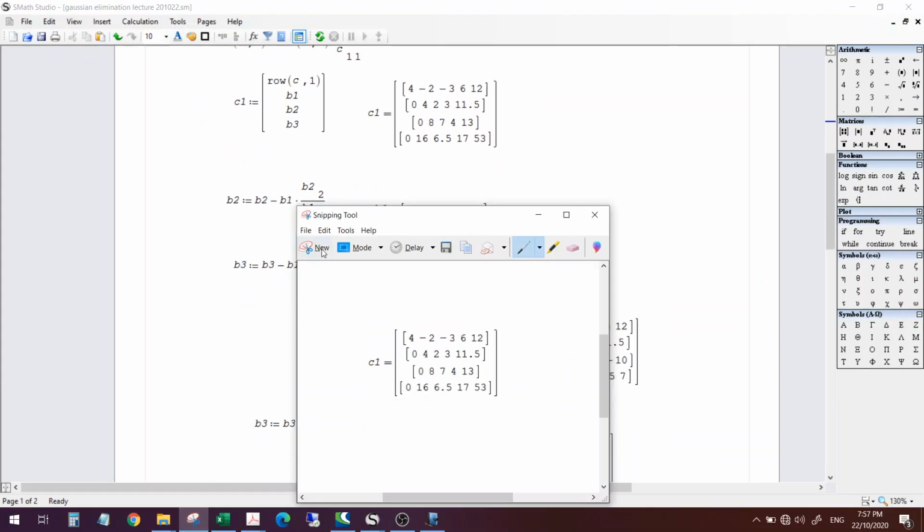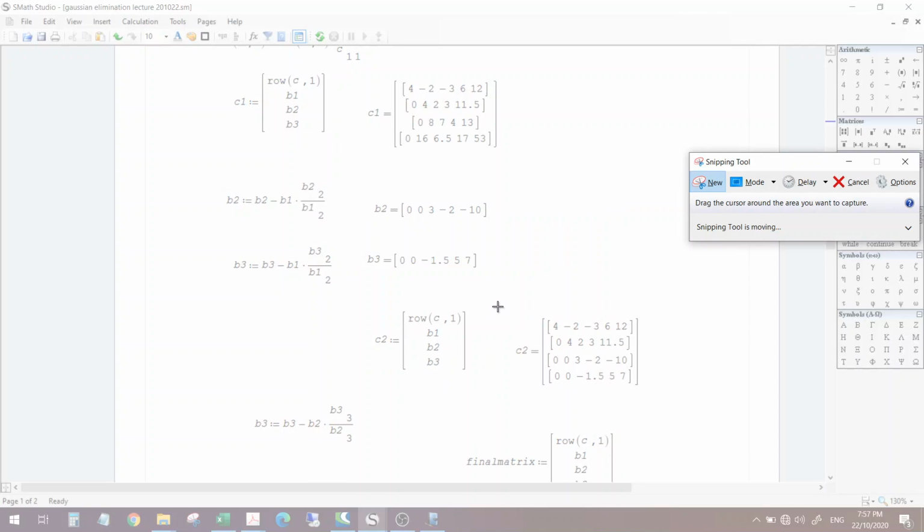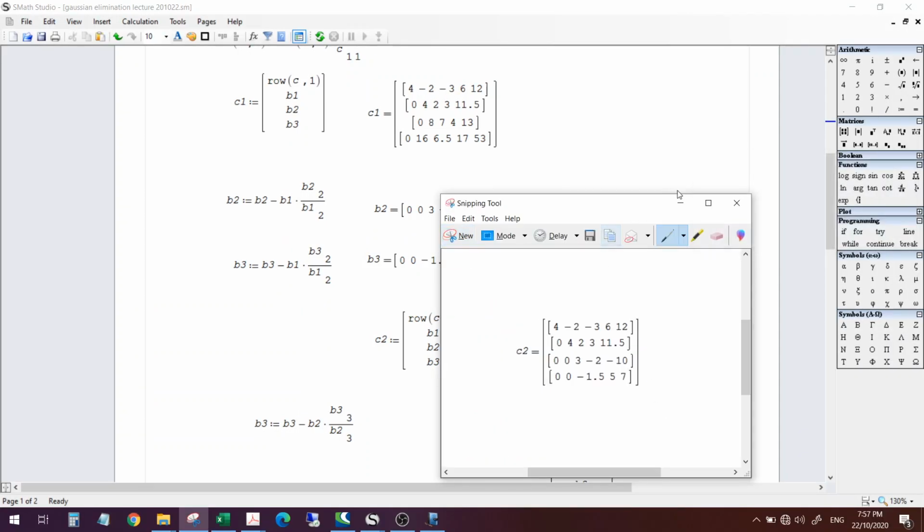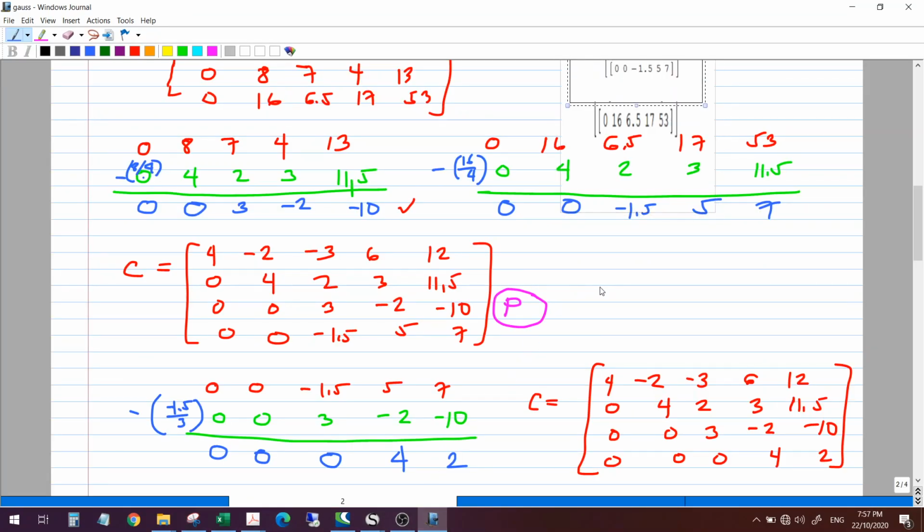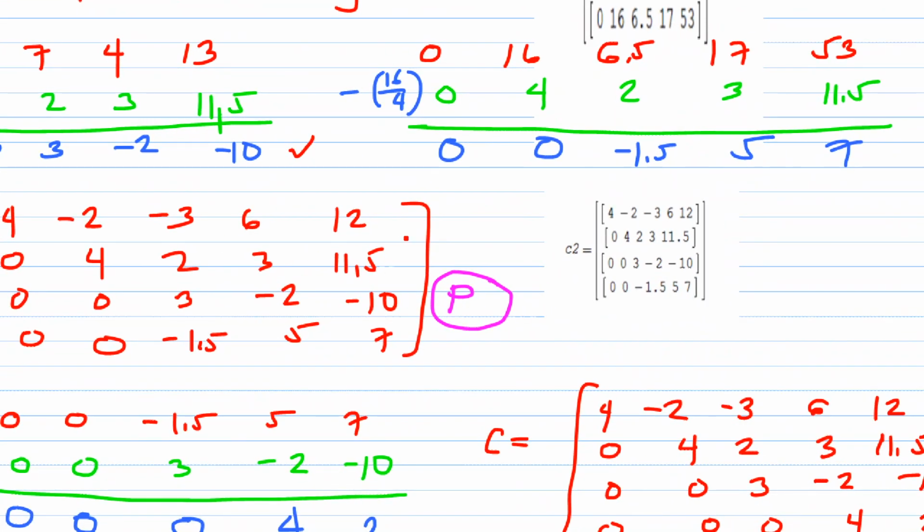I'll copy that again so that you will recall what we did in the manual calculation. So that is actually this. So 0, 4, negative 2, negative 3, 0, 4, 2, 3, 11.5, 0, 0, 3, negative 2, negative 10, negative 1.5, 5, and 7.